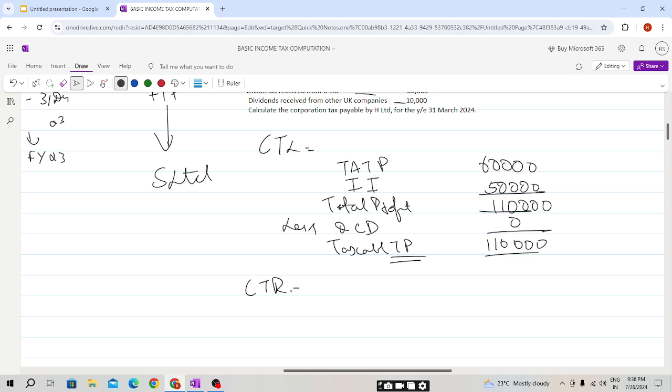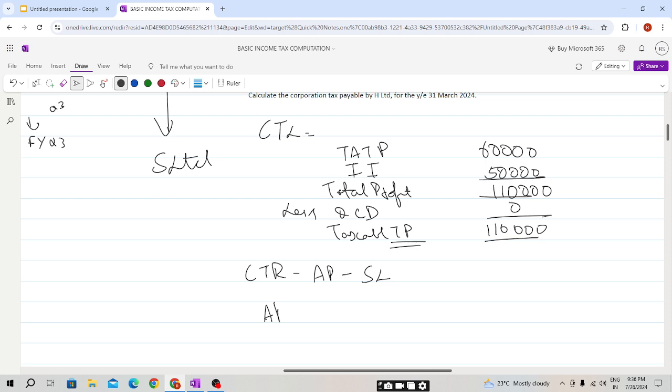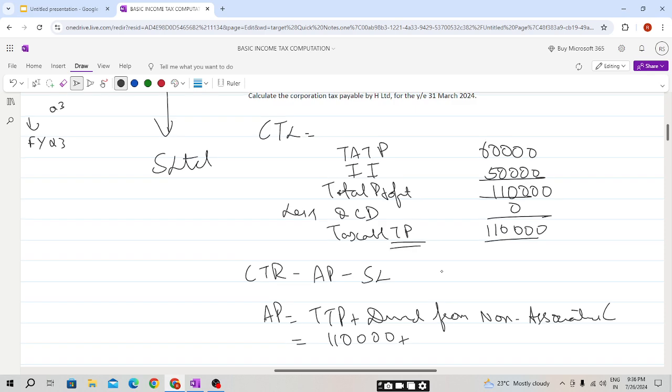For the corporation tax rate, augmented profit is compared with the statutory limits. So now students, augmented profits will be TTP plus dividend from non-associated companies. So TTP here is 110,000 pounds plus dividend from non-associated.